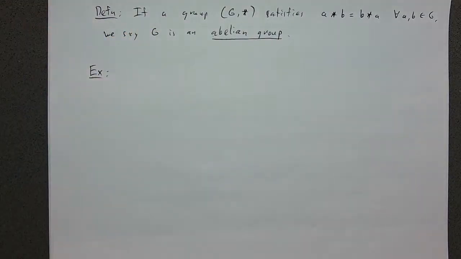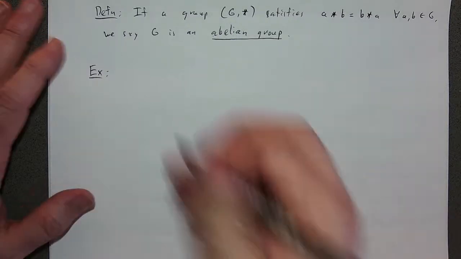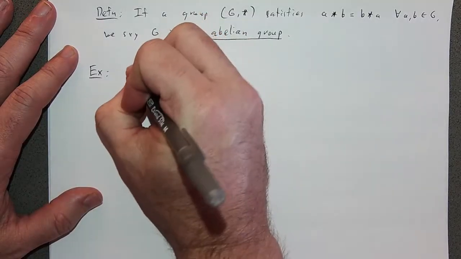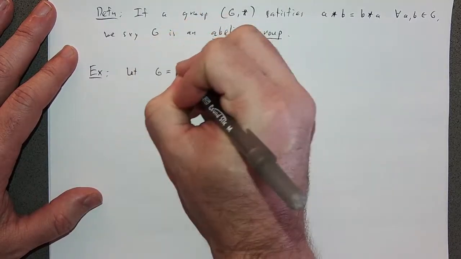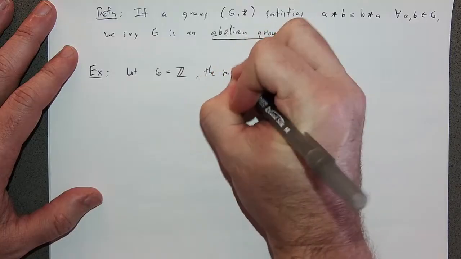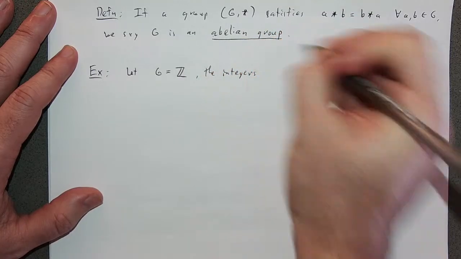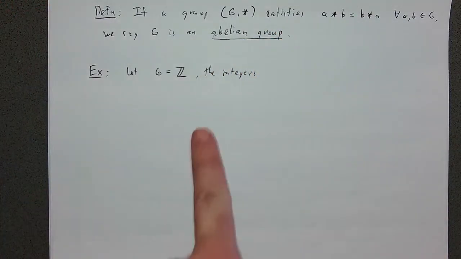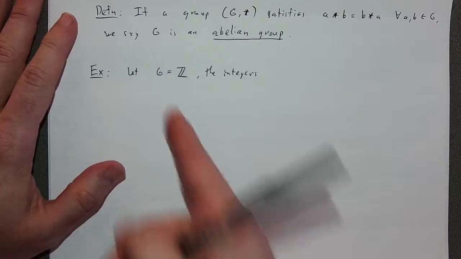Let's do the set of integers with addition. So Z is all the integers. I think I've written it like this in this course, but this Z comes from the German Zahlen for number.